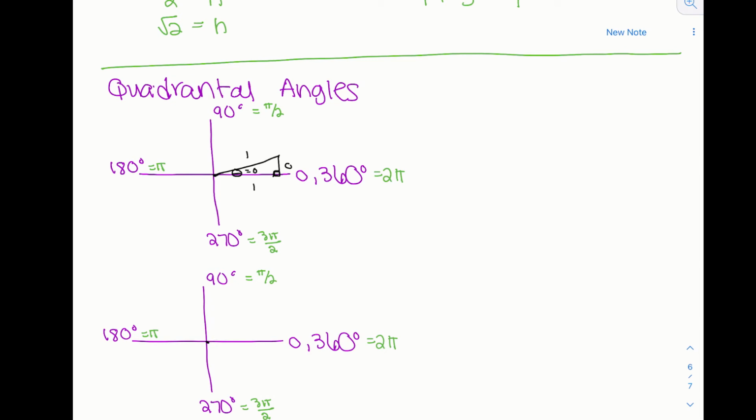Okay, let's try the same thing for 90 degrees.